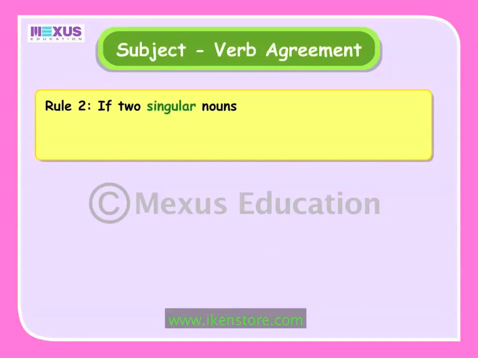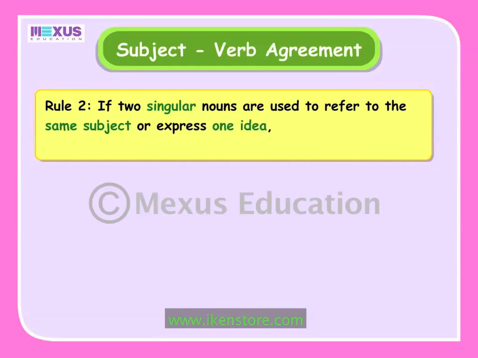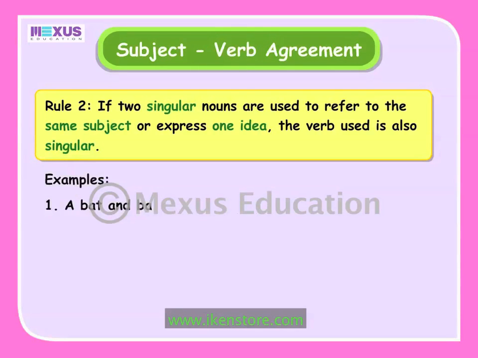If two singular nouns are used to refer to a single subject or express one idea, the verb used is also singular. Let's look at a few examples. A bat and ball is used to play cricket. Here, a bat and ball are two singular nouns expressed as a single subject.